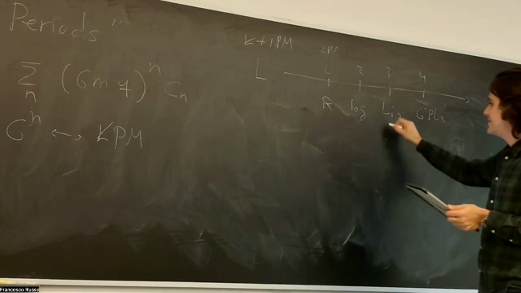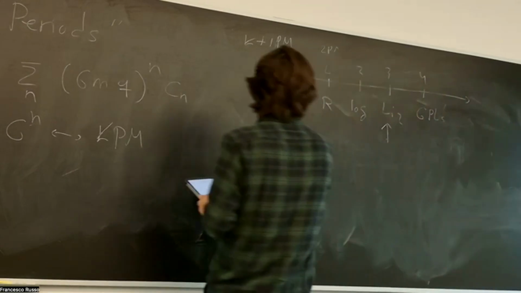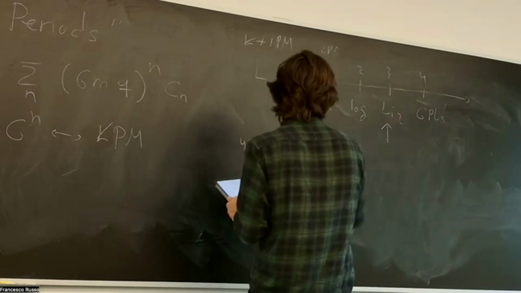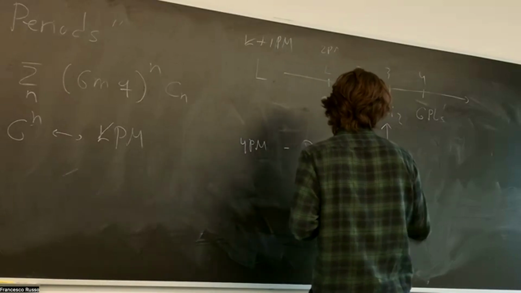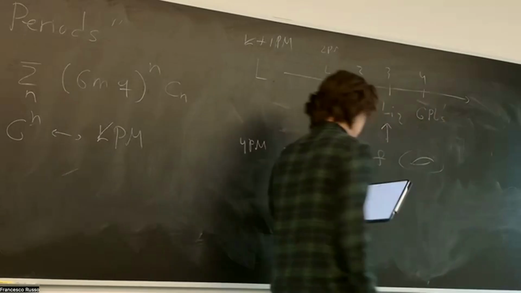Okay, starting at this order, we find new things. So at 4 PM, what we found is that there's actually some periods of some elliptic curve.